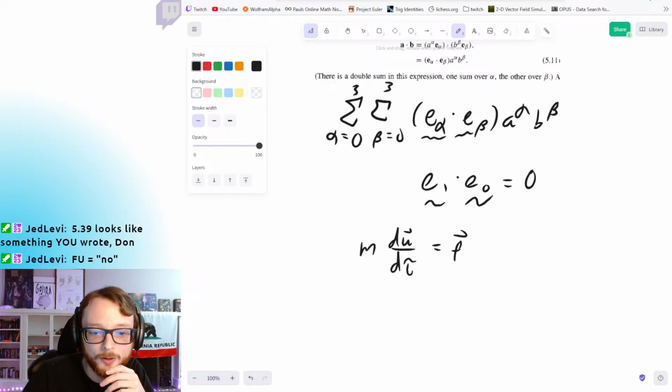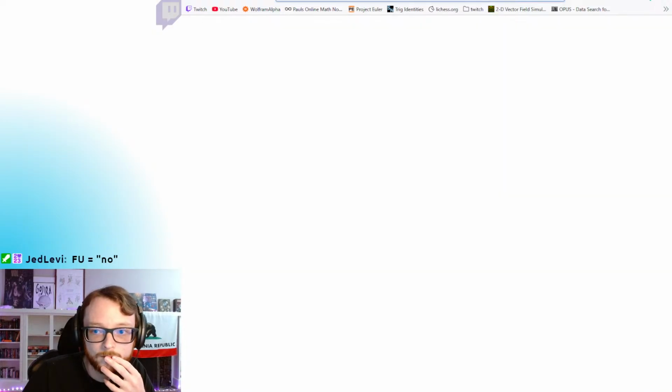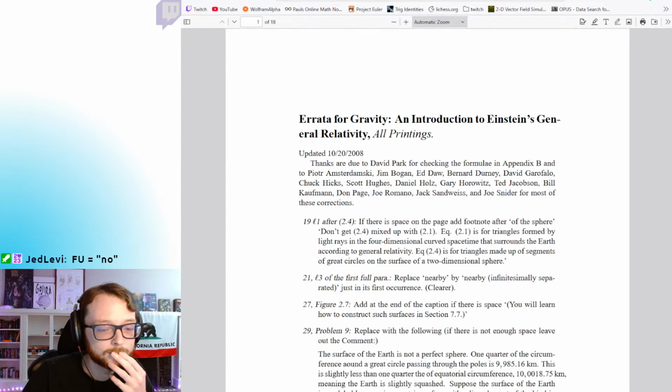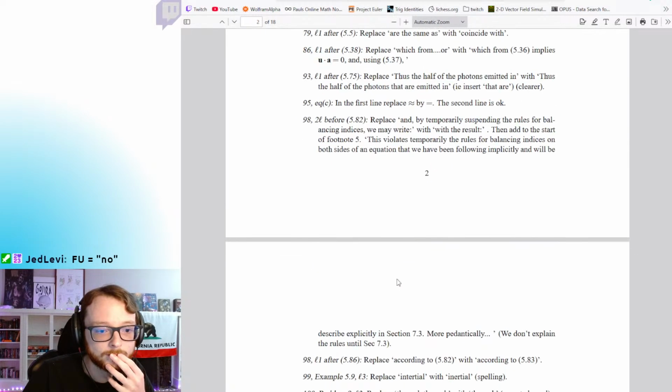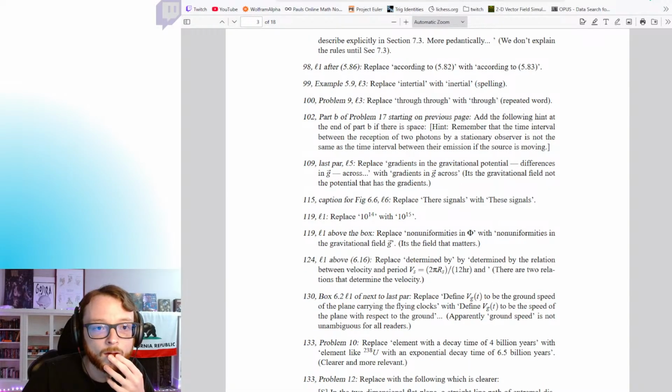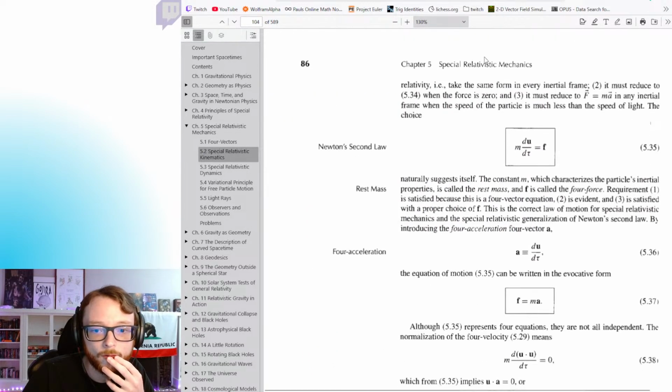I got it somewhere here. I haven't been good about checking the corrections. What page is this? 86.